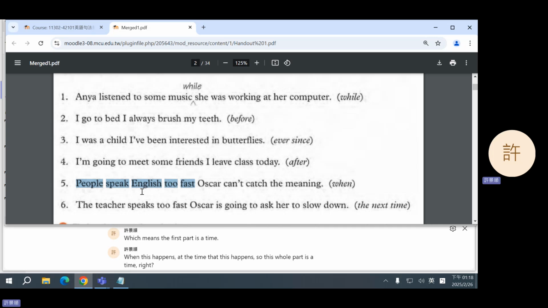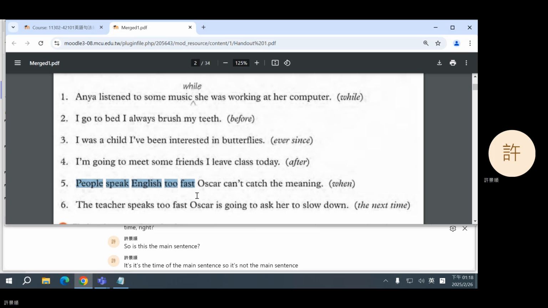So is this the main sentence? It's the time of the main sentence, so it's not the main sentence. Right? The main sentence is the second half.